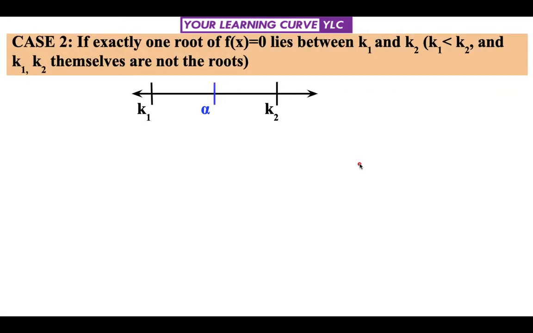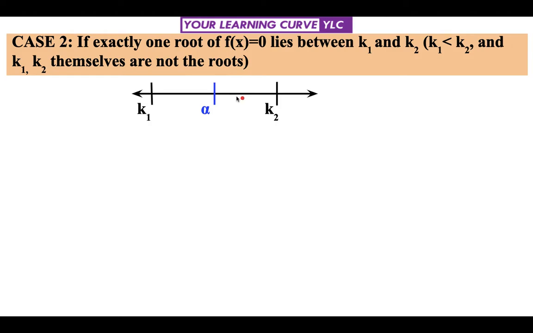So let's move on to the next case. The next case is if exactly one of the roots of f(x) equal to 0 lies between k1 and k2. k1 and k2 are two distinct fixed numbers, and we have assumed that k1 is less than k2, and k1, k2 themselves are not the roots, meaning neither k1 nor k2 is a root of this equation.